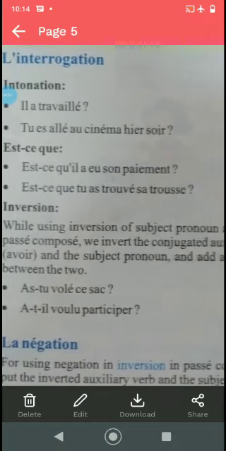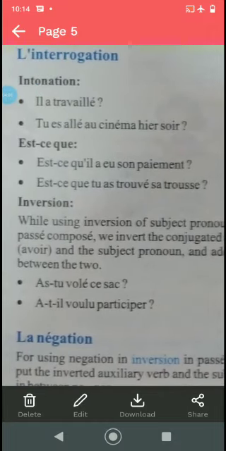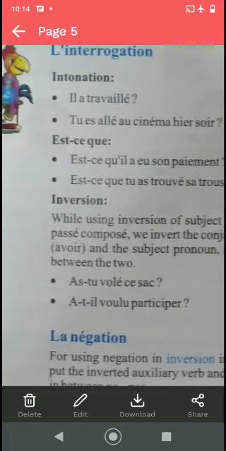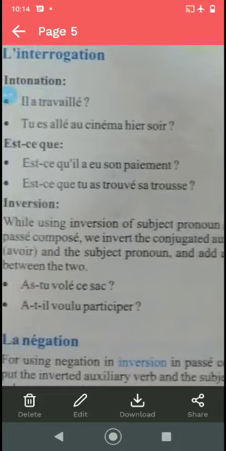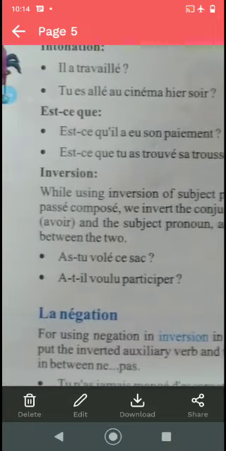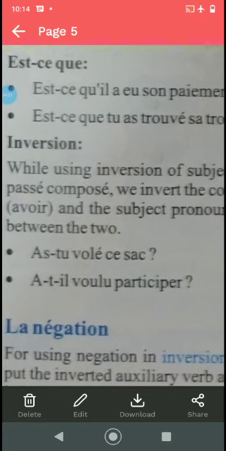Now for the inversion, what are you going to do? While using inversion of the subject pronoun and the verb in passé composé, we invert the conjugated auxiliary verb avoir and the subject pronoun and add a hyphen between the two. For example, when it is not an interrogation, it is a simple sentence. As-tu volé ce sac? Did you steal this bag?